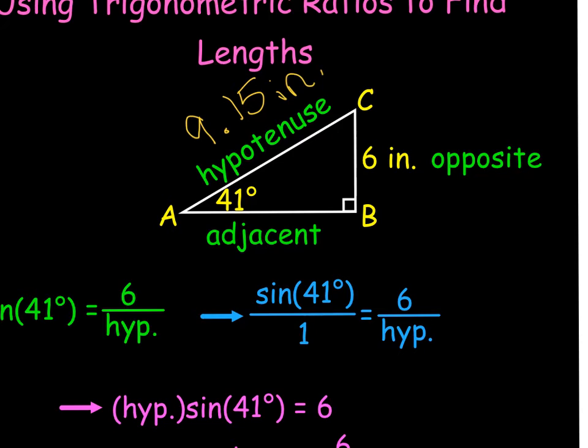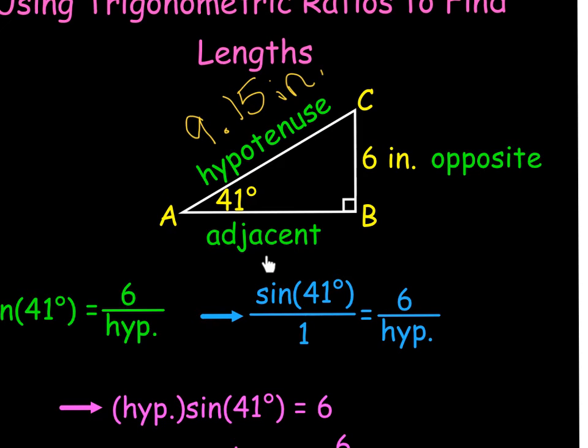Now if you refer back to SOHCAHTOA, which you should have written on your notes page that we're doing this problem on, then you should see that we have already dealt with SOH for finding our hypotenuse. And we have our opposite, and now we're looking for our adjacent.